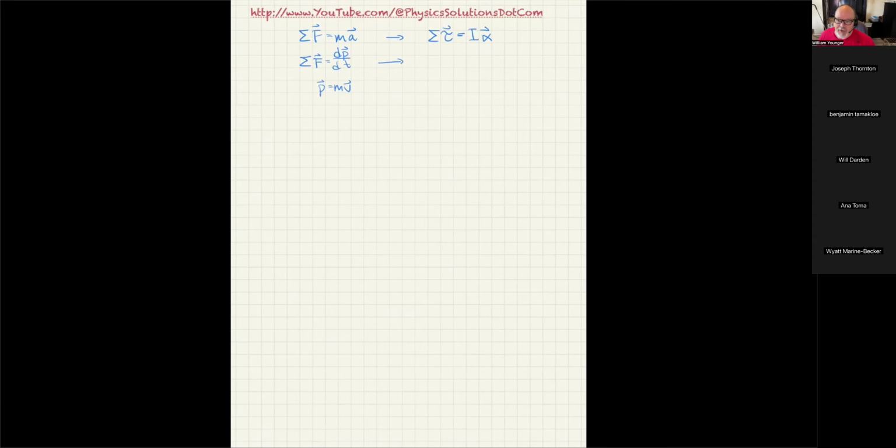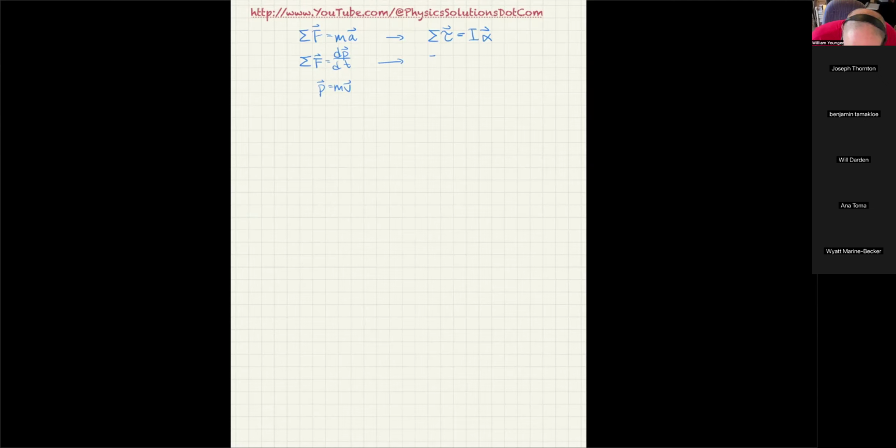If we're talking about things moving on the order of a percent of the speed of light or higher, or things whose mass is comparable to the sun, we're probably going to have to use general relativity or special relativity. If we're talking about things so small that we're interacting with atoms and molecules, then we're going to have to use quantum mechanics. But as long as we stay away from those, Newton's laws of physics should work just fine.